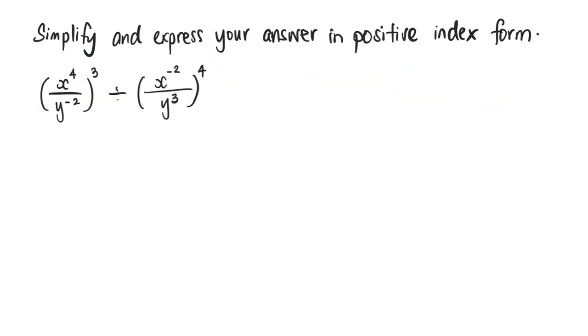Hello everyone, welcome to this problem where we are required to express the following in positive index form. Well, the very first thing that caught my eye is that I saw negative powers, and so I am going to make sure that they will become positive powers. So if it is a negative power and it is over 1, then this one will be equal to 1 over a power n. And if it is like this, then it will be a to the power of n over 1.